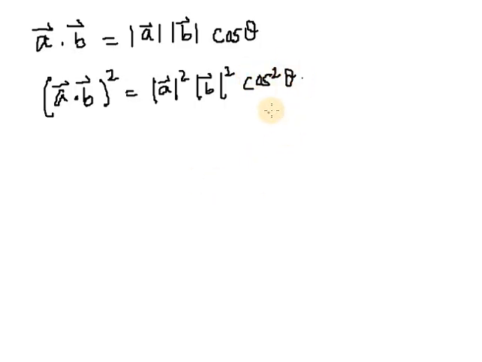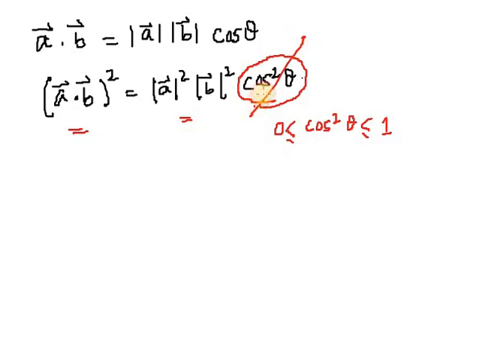As soon as I write this, what I note is that the quantity cos square theta can only have values less than or equal to 1. That immediately tells you that if I remove cos square theta from the picture, this equality turns into an inequality, and the left hand side is always lesser or equal to A mod square, B mod square.